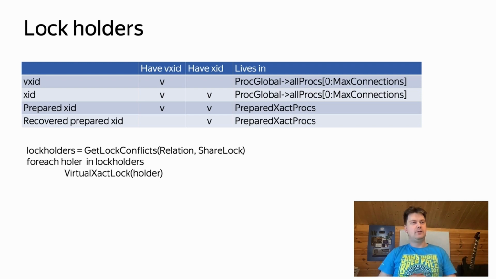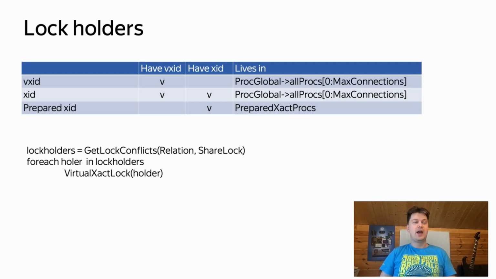But at the moment, 2 years ago, the table actually looked like this. Prepared transactions never had a virtual transaction identifier, and that was a problem.